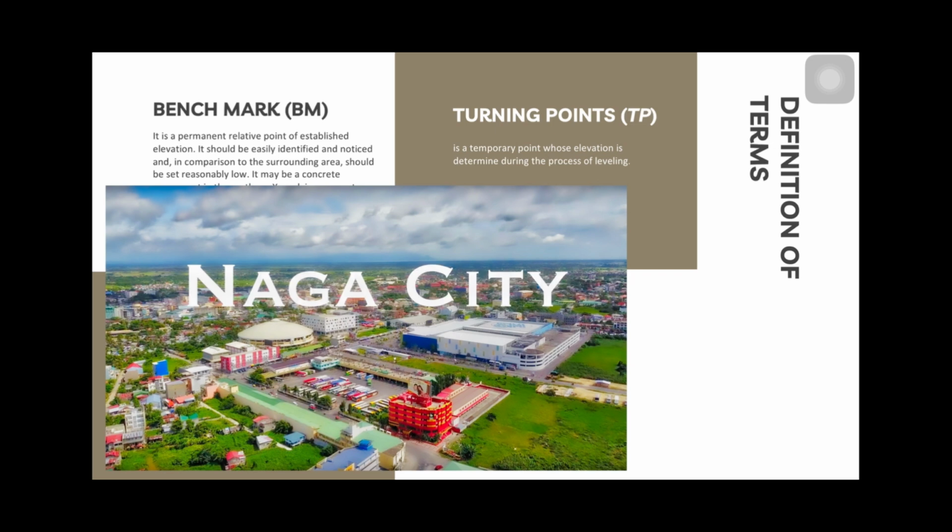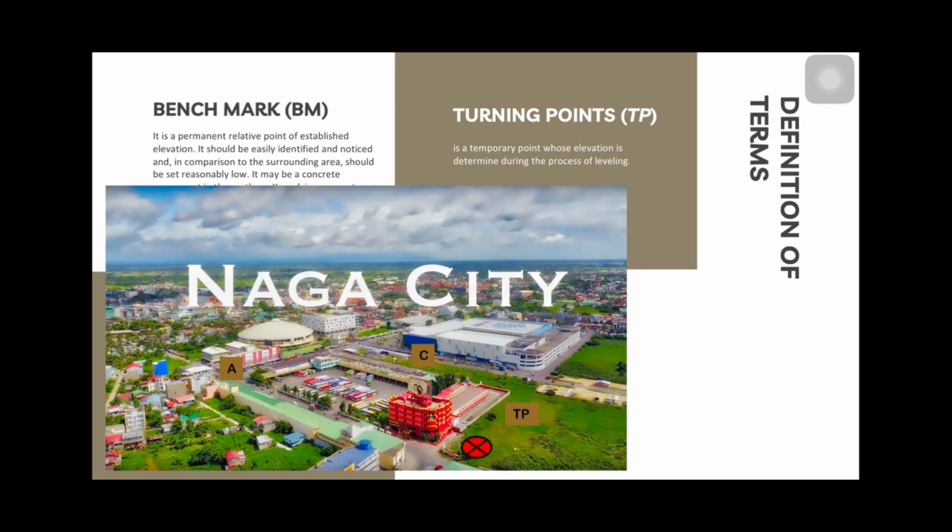So let's say, for example, imagine you are surveying this area. You set up your dumpy level in front of this building and take a backsight reading from a benchmark there at point A, but the distance to point C is too far to see directly from that setup. So you place a leveling rod on a solid object like this point at TP1 between these 2 points.